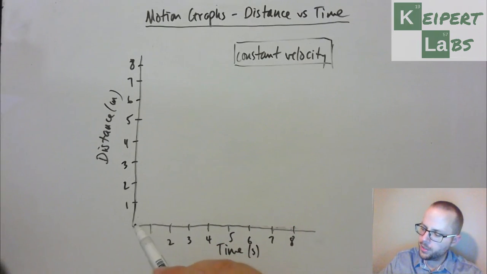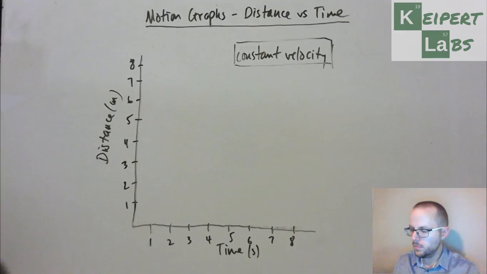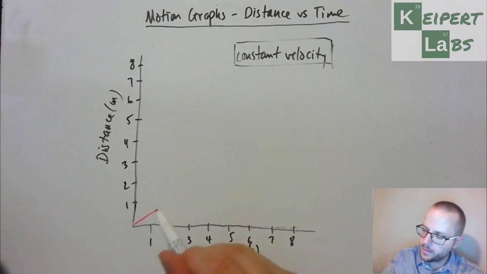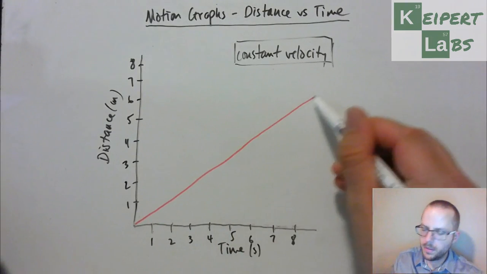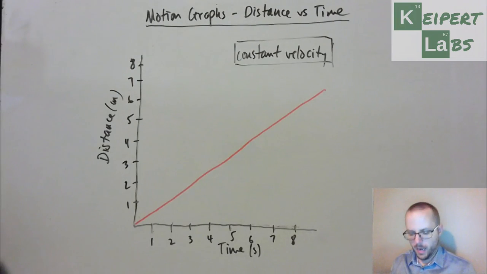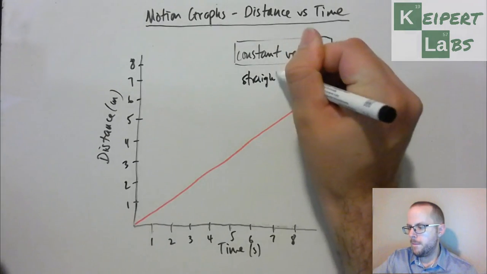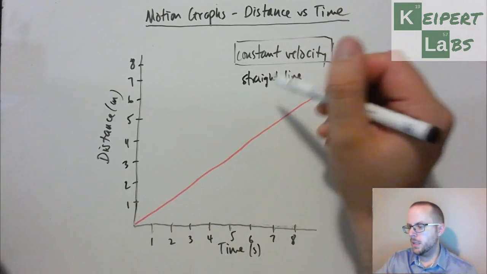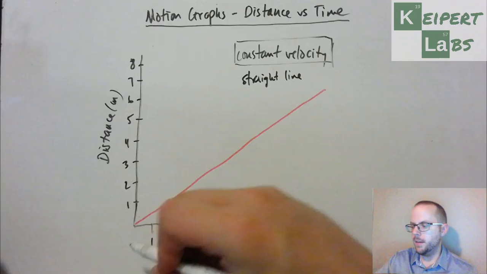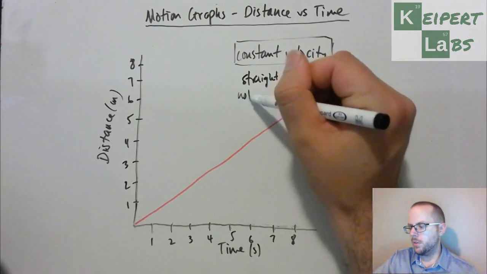So let's say we've got a constant velocity going like this. We have a straight line, and it's not horizontal.